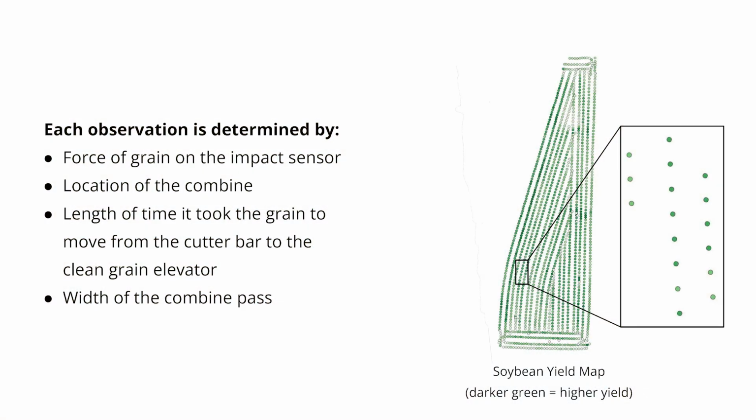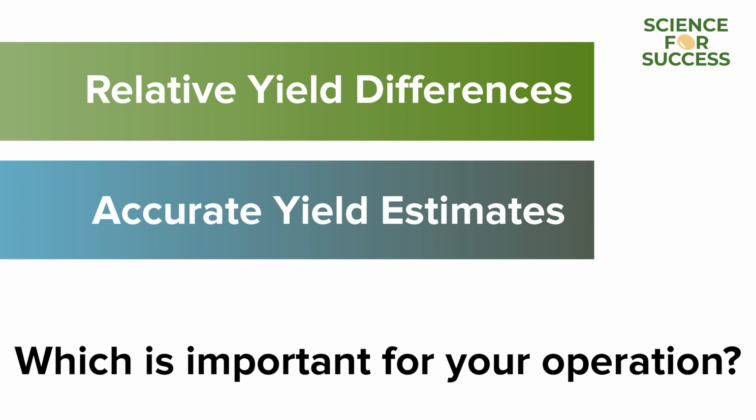And finally, the monitor needs to know the width of the combine pass in order to convert the impact sensor reading into a yield estimate in bushels per acre. Yield monitors are excellent at determining where yields are highest and lowest within a field, and that information can be really useful for things like making your scouting plan or delineating management zones.